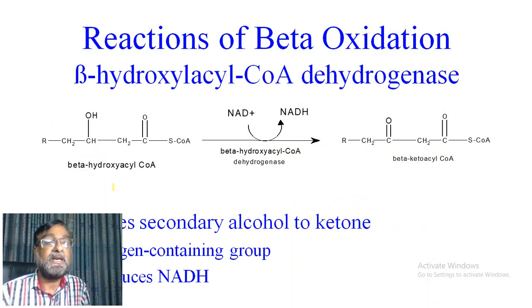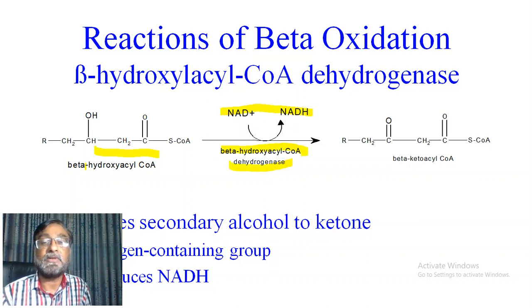Then beta hydroxy acyl CoA will be oxidized again. We can see here it is oxidized by the beta hydroxy acyl CoA dehydrogenase enzyme. Again, the dehydrogenase enzyme is there. So beta keto acyl CoA is formed.